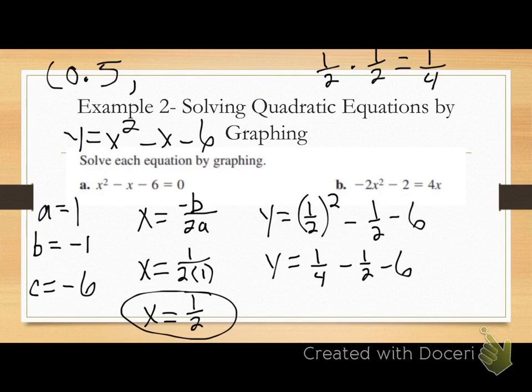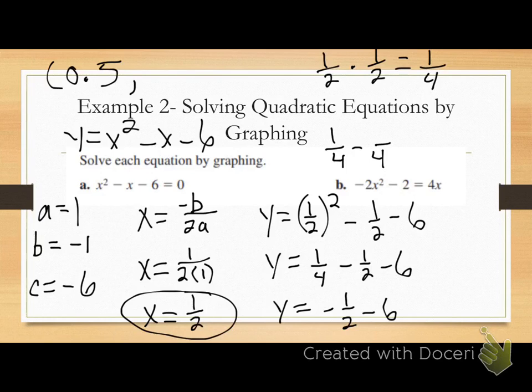Any questions so far? What's 1/4 minus 1/2? Positive or negative? Negative 1/2. Let's see why. Remember, in order to add or subtract fractions, you need a common denominator.